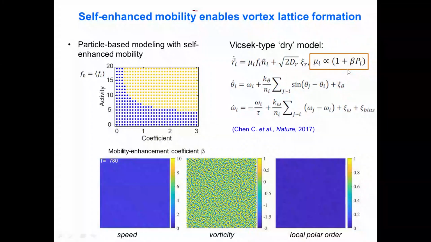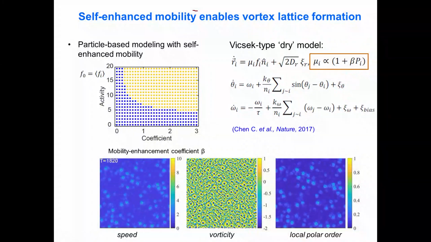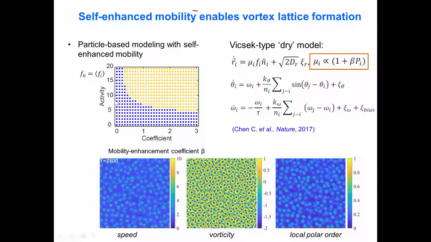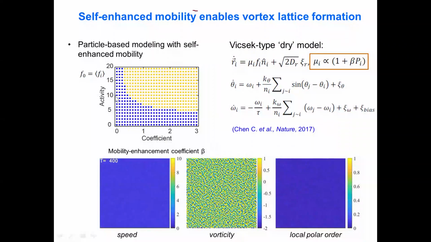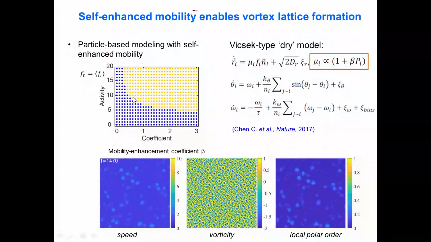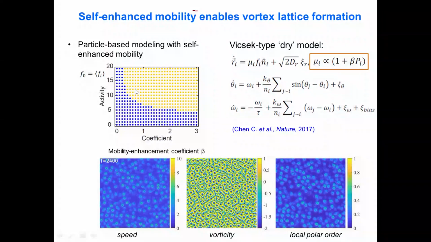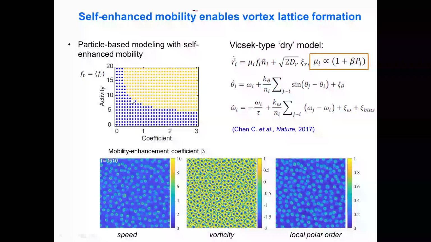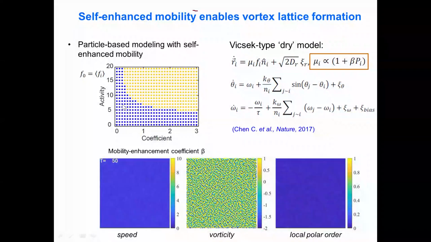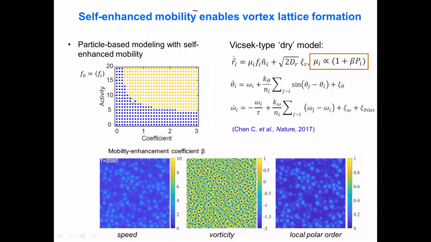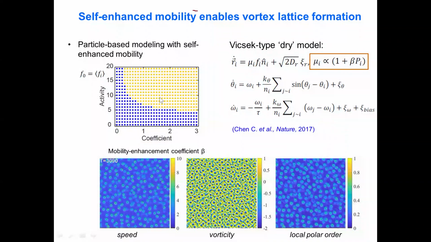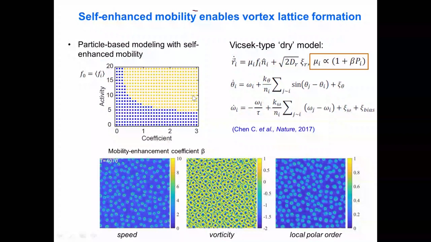We call it the mobility enhancement coefficient. For a given activity or mean self-propulsive force, there is a threshold coefficient below which you only see turbulence-like behavior. And above this critical value, you see the ordered lattice phase.